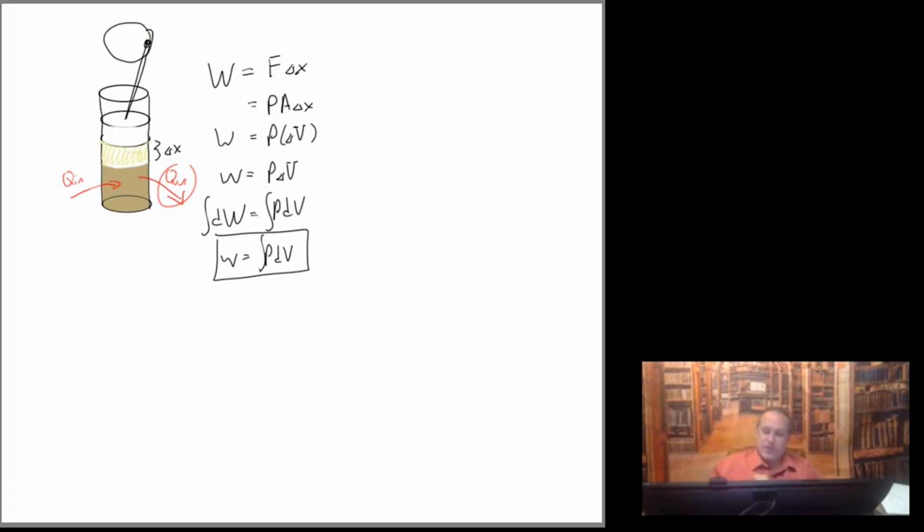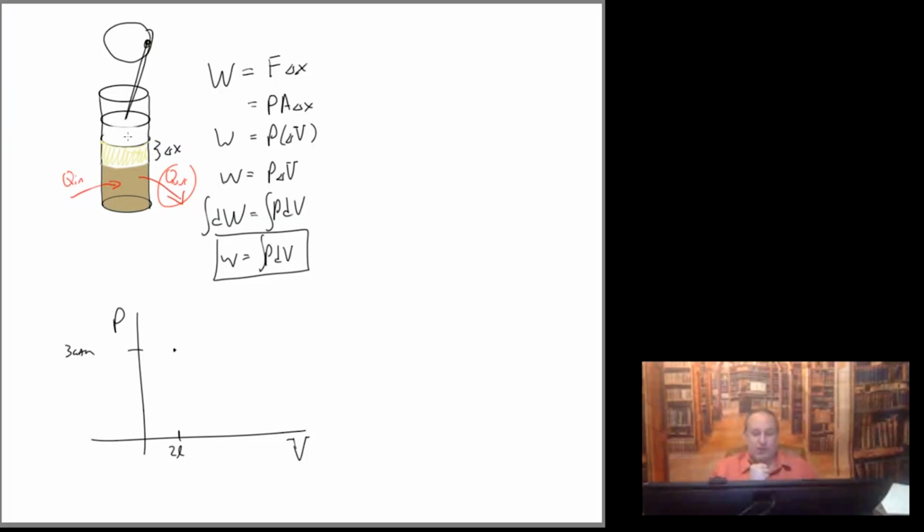Okay, if we're going to be doing an integral of pressure as a function of volume, we need to look at graphs of pressure versus volume. So if I have a particular gas, and maybe the pressure is 3 atmospheres, and it's starting off with 2 liters of gas, and then it's under high pressure, maybe we have this piston locked in place so that it can't move.